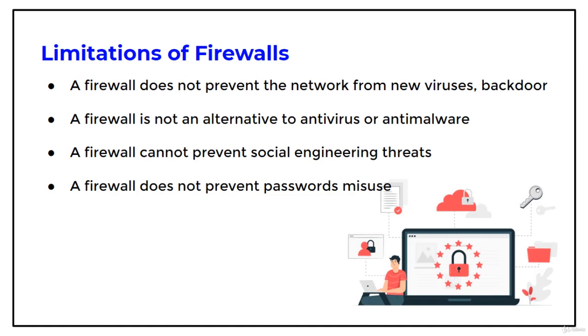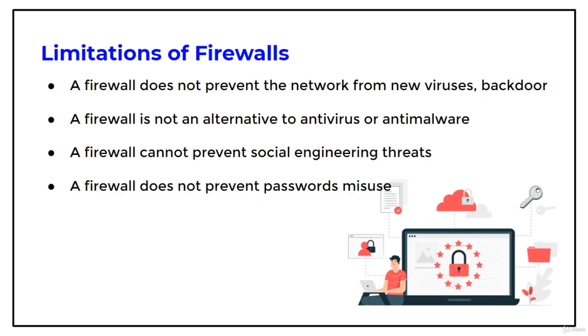A firewall does not prevent the network from new viruses, backdoors, and insider attacks. A firewall cannot do anything if the network design and configuration is faulty. A firewall is not an alternative to antivirus or anti-malware. A firewall cannot prevent social engineering threats.